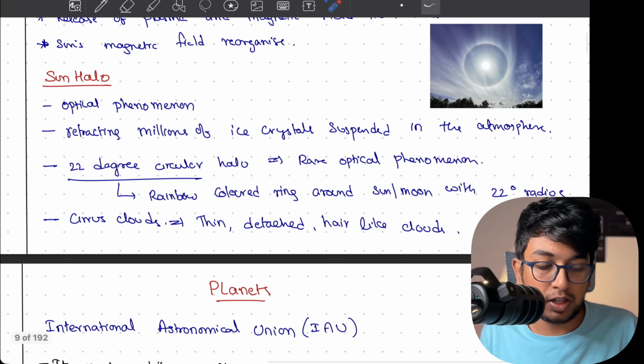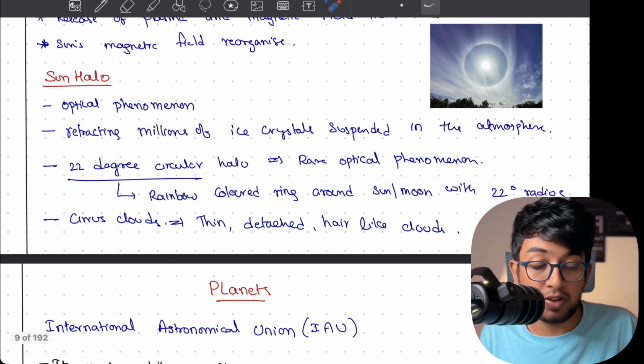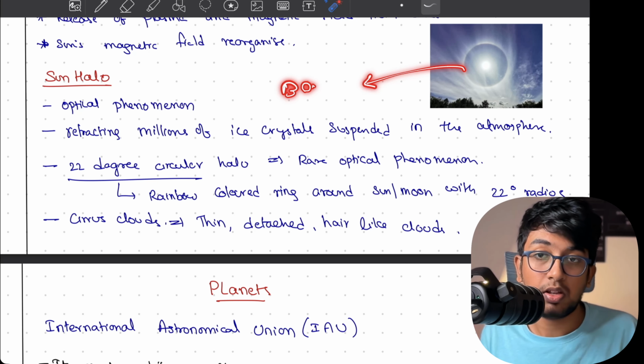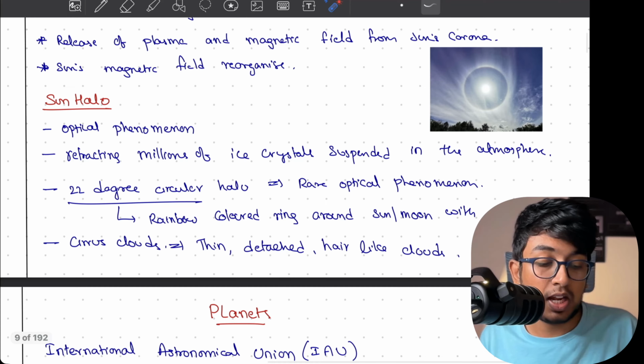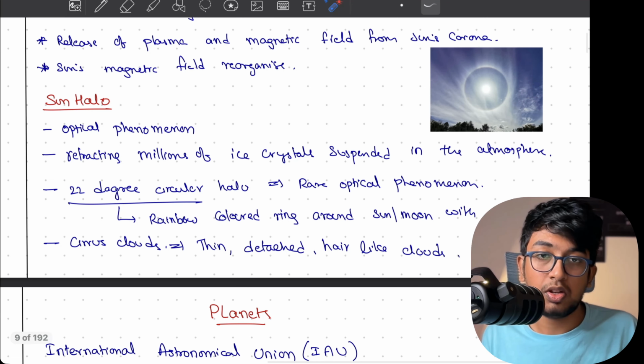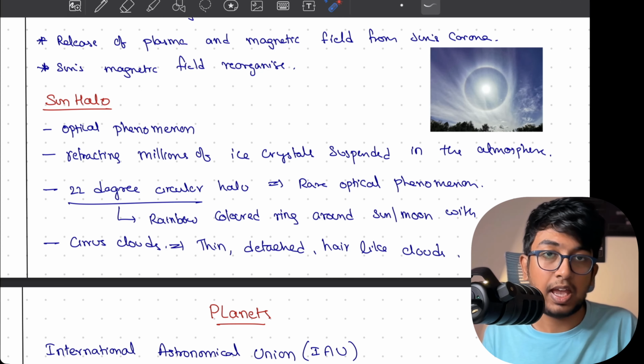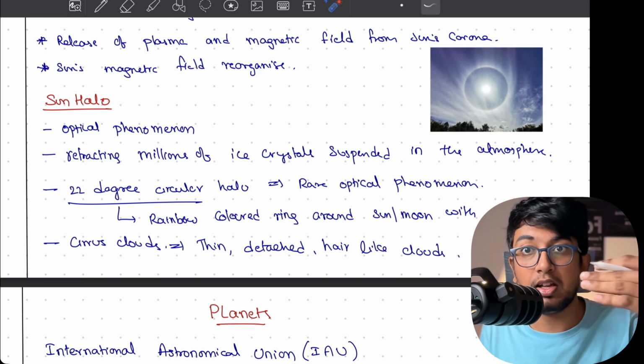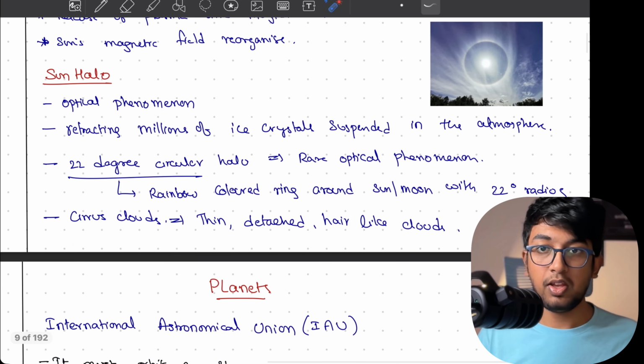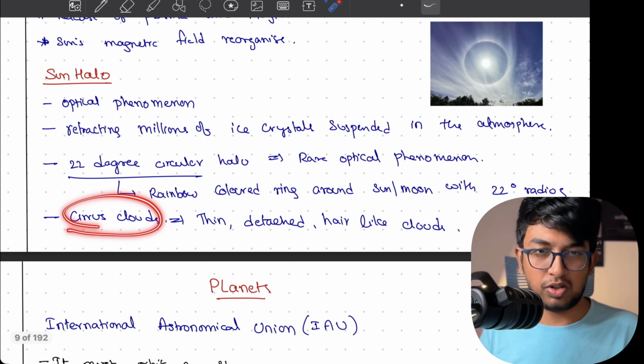A rainbow colored ring will be formed around the sun or moon with a 22-degree radius. This is called the 22-degree halo, which happened very recently in Bangalore. This happens when there are cirrus type of clouds. Cirrus are hair-like clouds formed in the sky. We'll talk about cirrus clouds in the climatology topics.